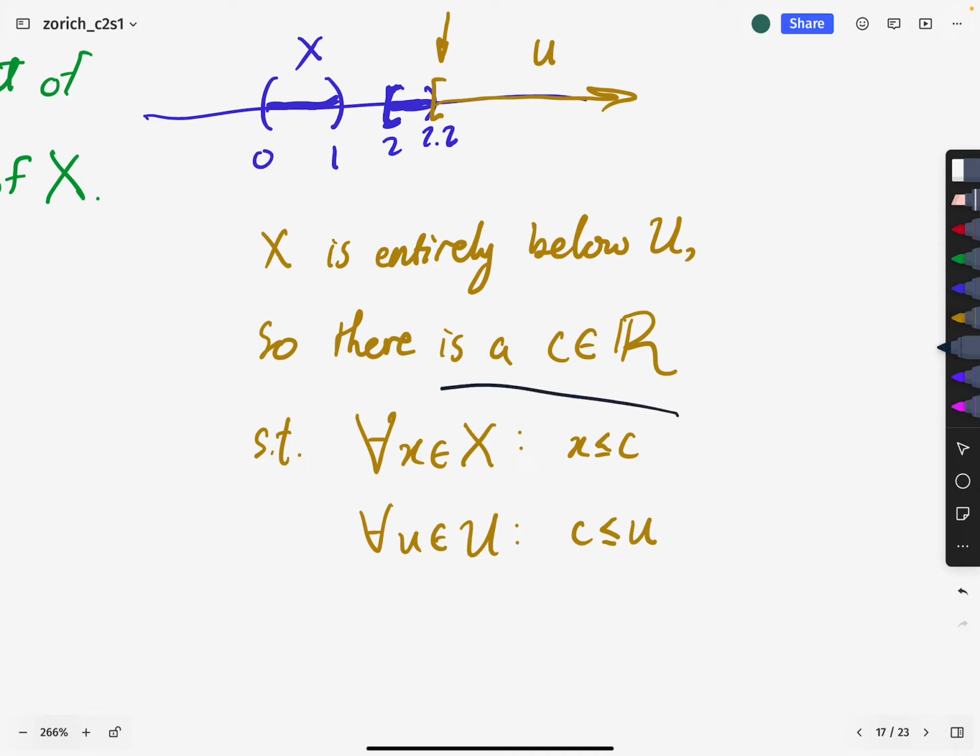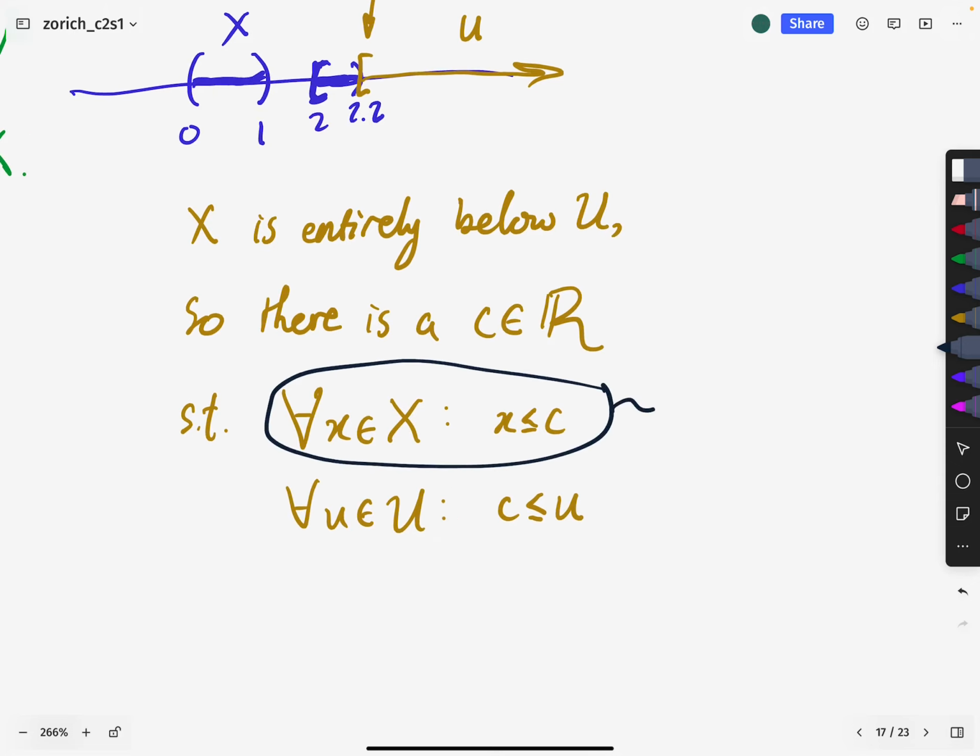Clearly, from this, it is already an upper bound, right? C is an upper bound of X, which immediately tells us that C is an element of U, since U is the set of all upper bounds.